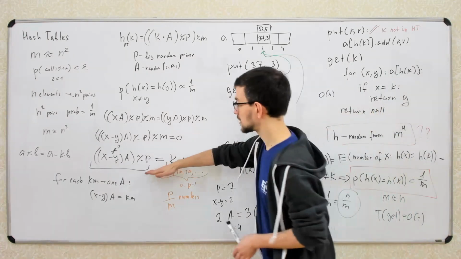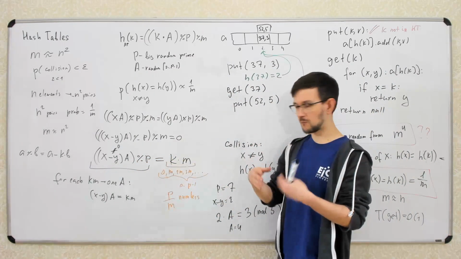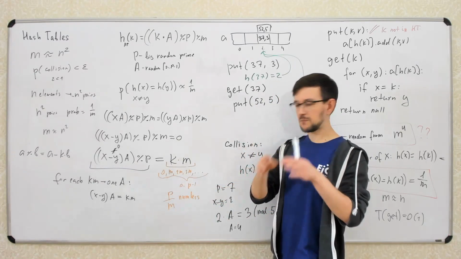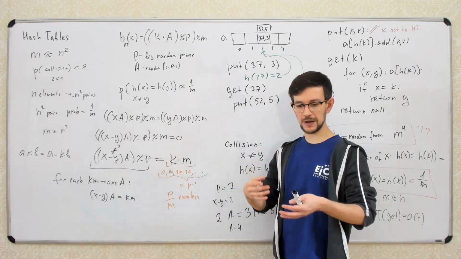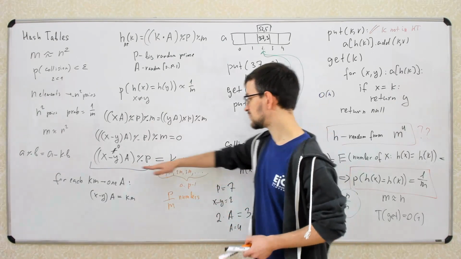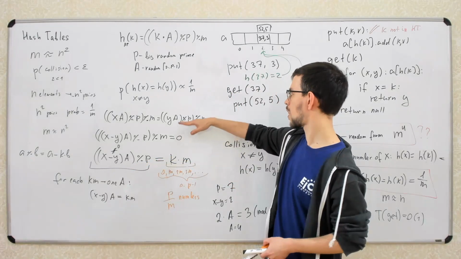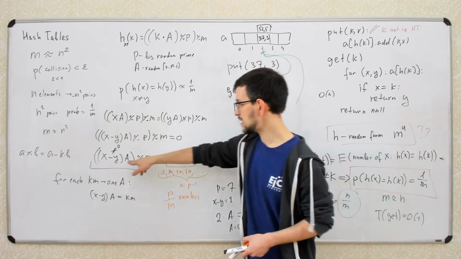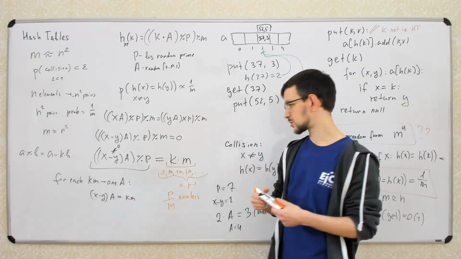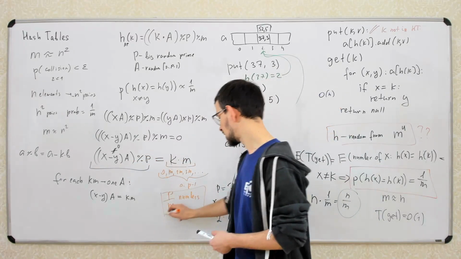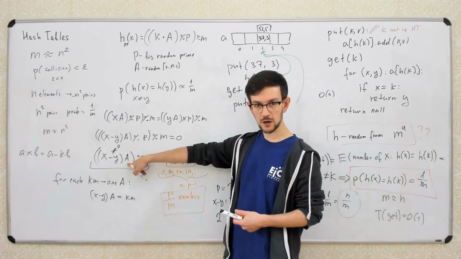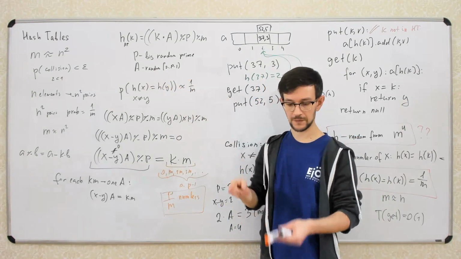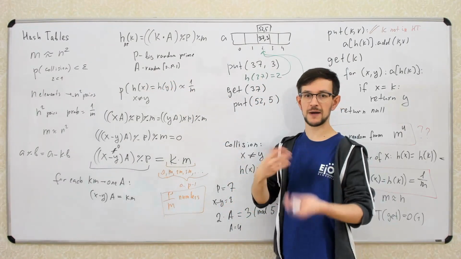So this equation holds if A is one of these P over M possible numbers. So you have P over M bad numbers A. If this equation holds, it means we have a collision. So A is one of these bad numbers. Since A is random, what is the probability that we pick one of the bad numbers?